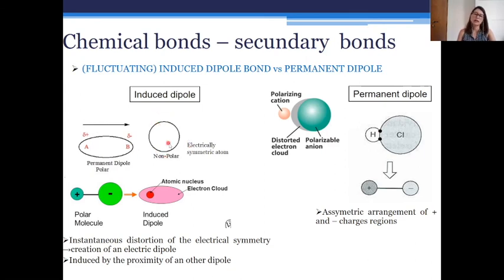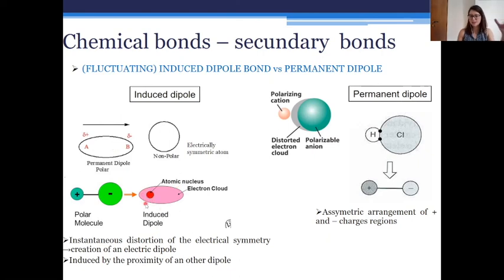Okay, electrically symmetric atoms. And so the polarity and the dipole of the first molecule will create a distortion of the charge in this second atom.